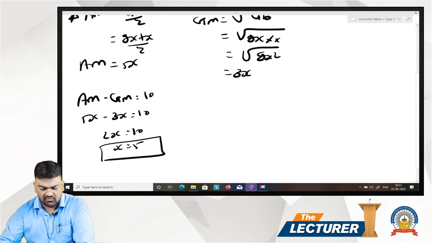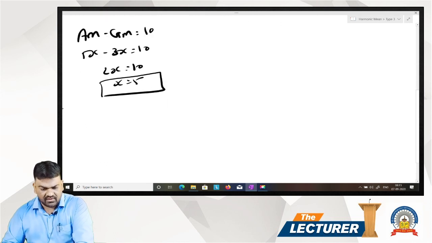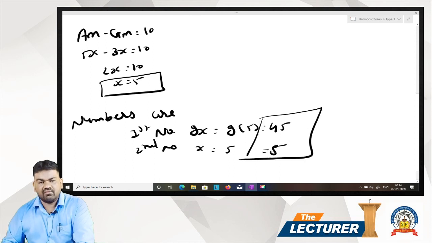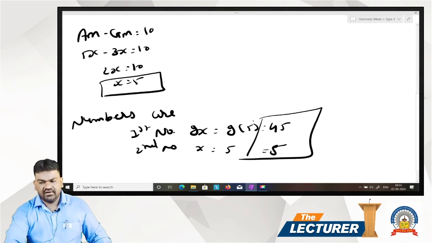So x is equal to 5. Numbers are: first number 9x, 9 multiplied by 5, 45. Second number x, 5. So the numbers are 5 and 45. Here our type is completed. In the next session we will start our last type, that is type 4. Thank you.